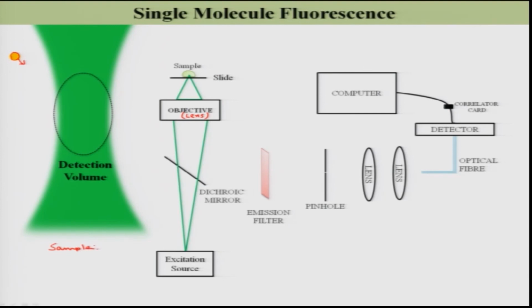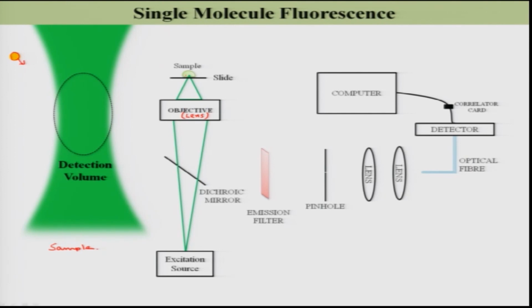In the sample position, the excitation light will look something like this. Here is also sample, and this is sample, because the sample is large, but the excitation light is only present in a smaller region within this sample.